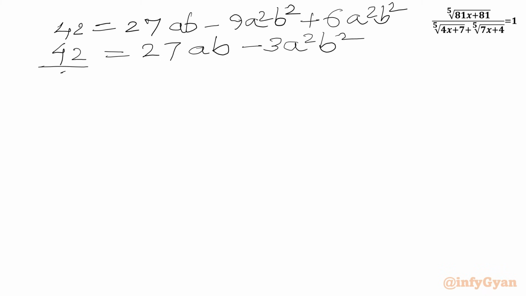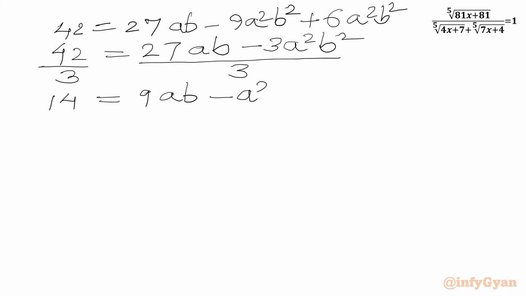The equation is divisible by 3, so we will divide both sides by 3. 42 over 3 is 14, equal to 27 over 3 is 9ab, 3 over 3 is 1 times a^2b^2. Take all the terms to the LHS.